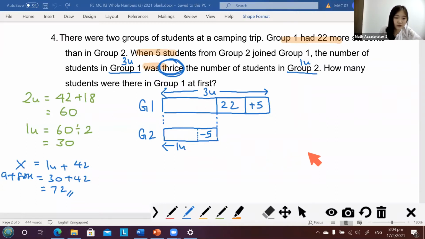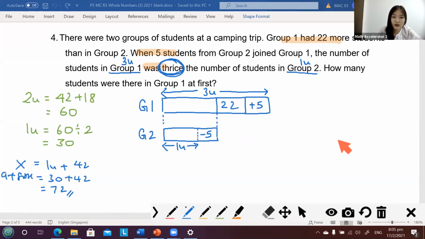Yes or no? Okay, you can type in the chat. Okay, no, good. Cannot include because at the end, the 5 was already transferred over. So no. 1 unit is only until here.